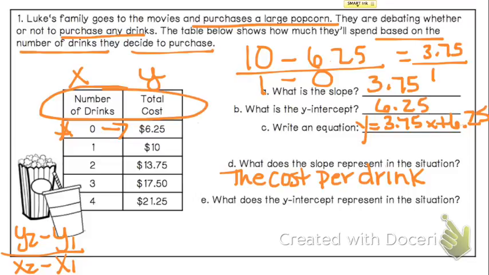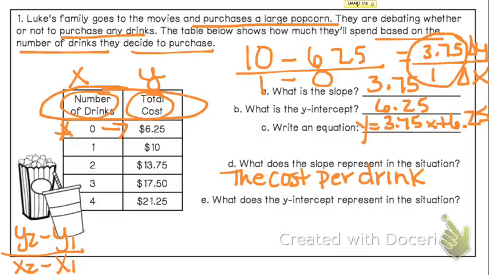So the slope formula told us that our total cost is $3.75 for one drink, because this is the change of y over the change of x. So y is your total cost, and x is the number of drinks. So for one drink, we pay $3.75.